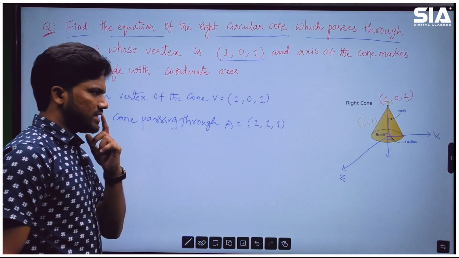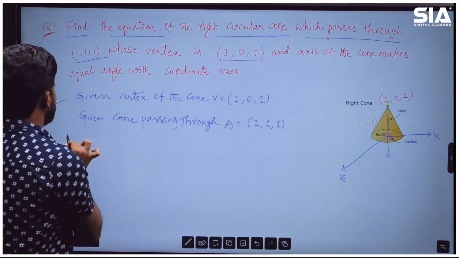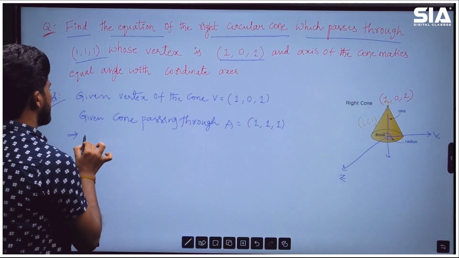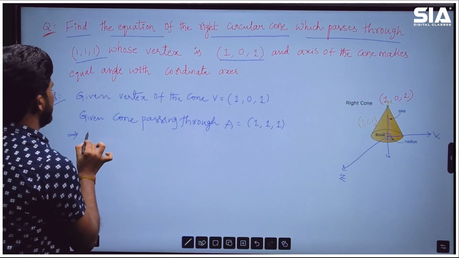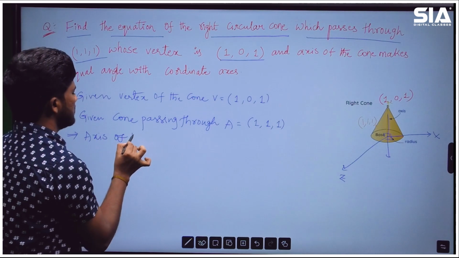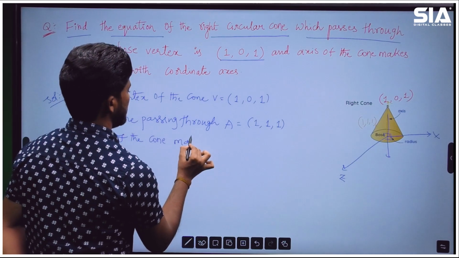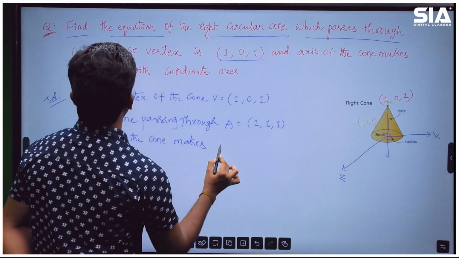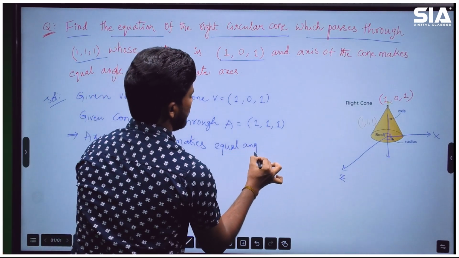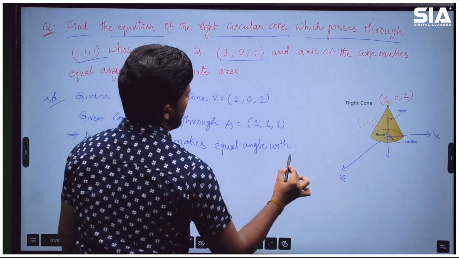The required right circular cone passes through this point, so we can find the direction ratios. One more given is that the axis of the cone makes equal angles with the coordinate axes.